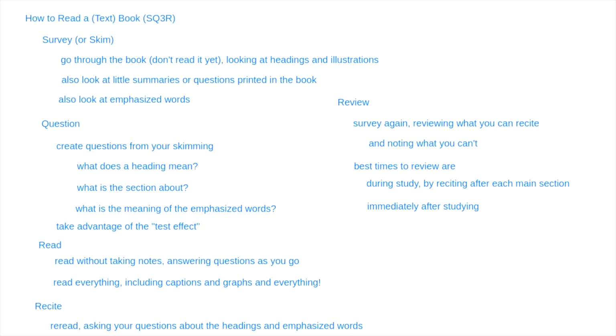The third best time to review, and this one I think is obvious, but sometimes students don't do it, is just before the exam. And we want to emphasize somewhere here, spaced reviews, we talked about this. Spaced reviews are better than continuous or massed reviews. A review immediately after studying helps you consolidate the material in your memory.